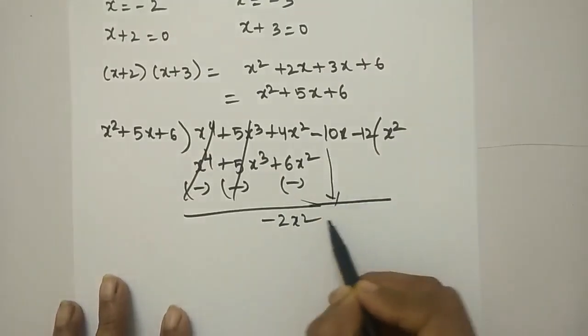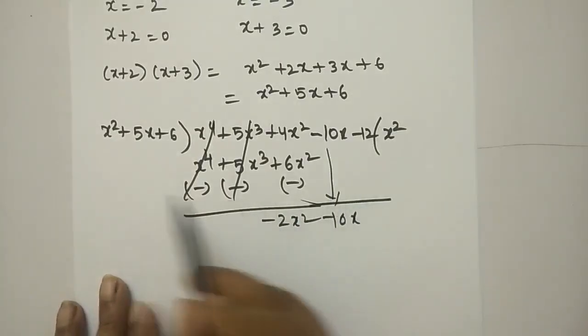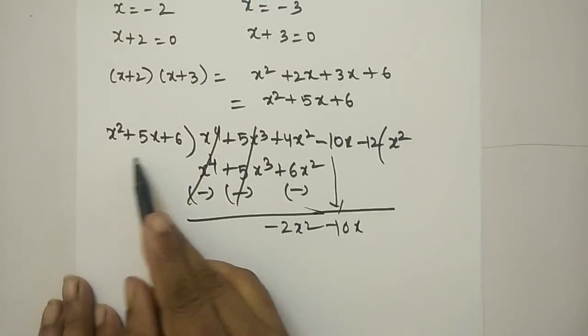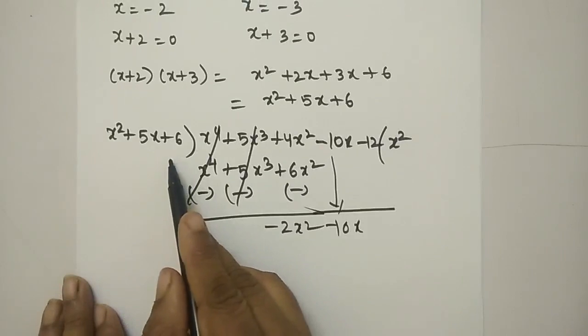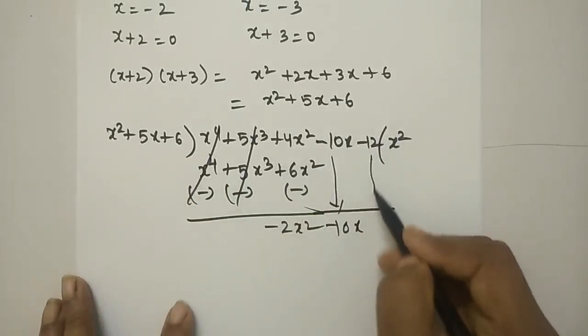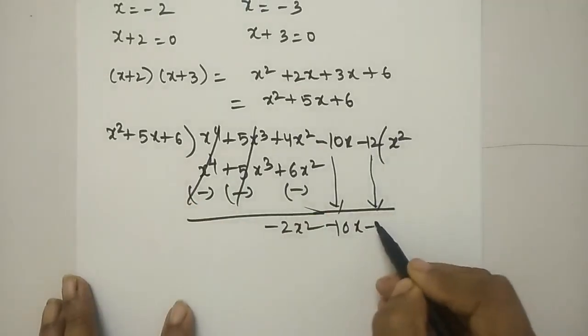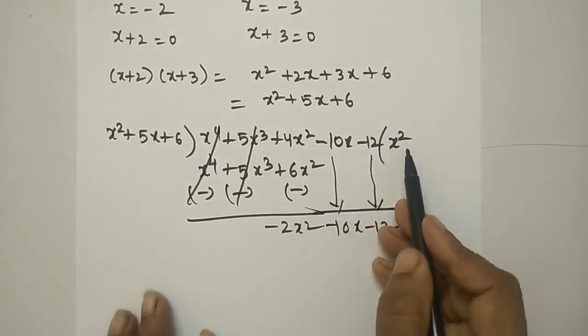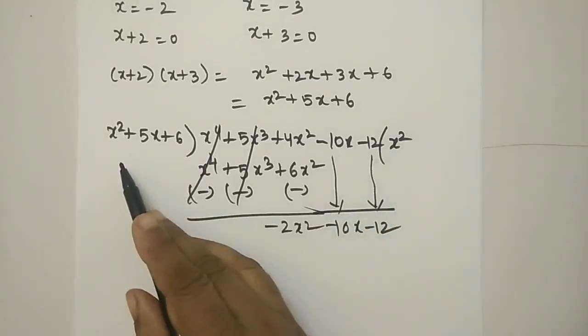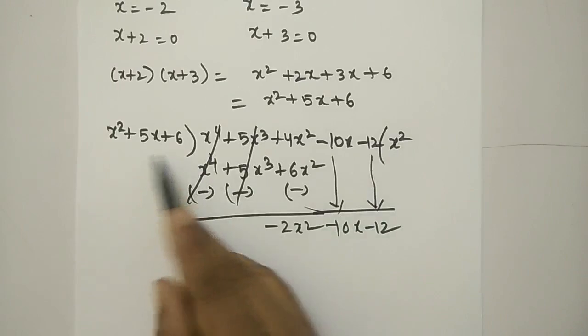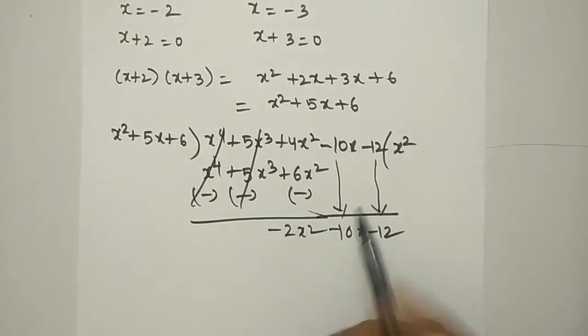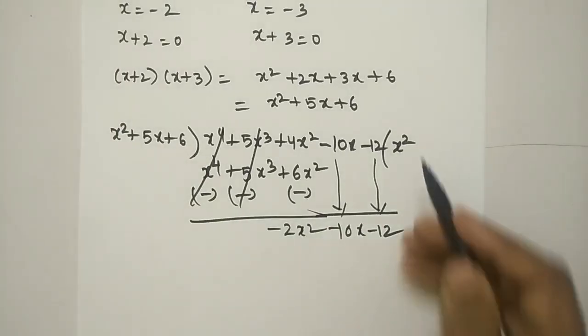Bring this term minus 10x down. As g of x is having 3 terms, bring the other term also down, because if you keep a term here, you have to multiply with all the terms of g of x. Here 3 terms are there, so you will get 3 terms here also.